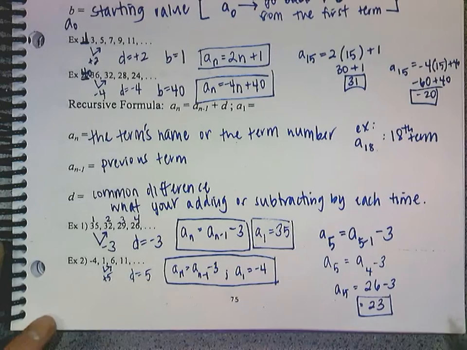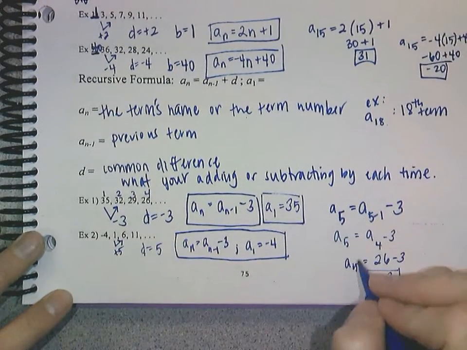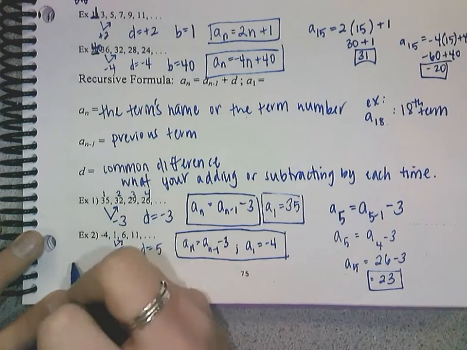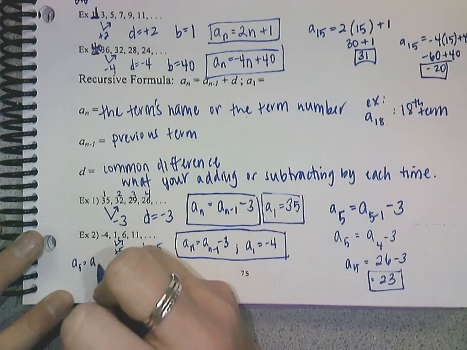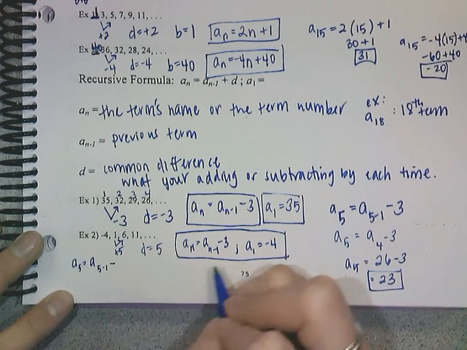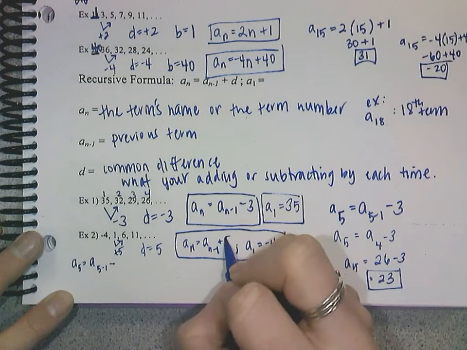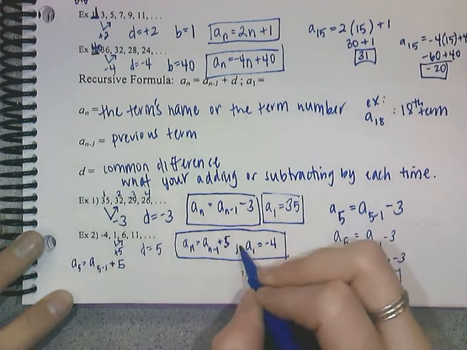Okay, now what I need to do is figure out the 5th term. So we're going to do this exact same thing, but for this problem. So we're going to do a sub 5 equals a sub 5 minus 1, because that's what my formula says, n minus 1, minus, oh, sorry, plus 5. Oh, man, plus 5. I was looking at the other d instead.